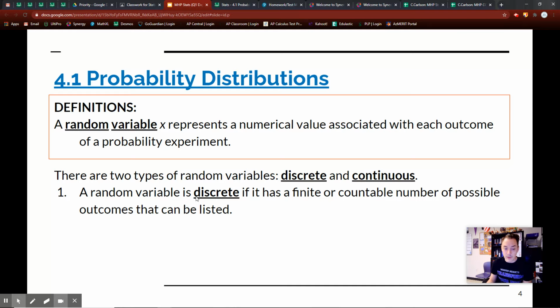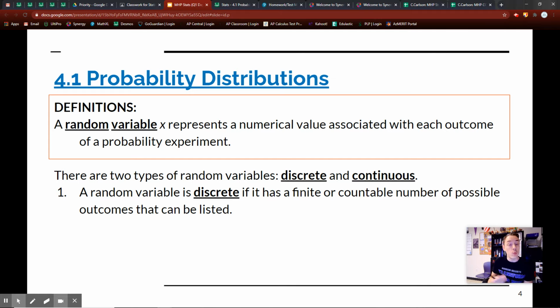A random variable is discrete if it has a finite or countable number of possible outcomes. For instance, how many students are in my class? Well, there's 0 right now. But if I had students in my class, what's the discrete value of students? I can't have half a student.